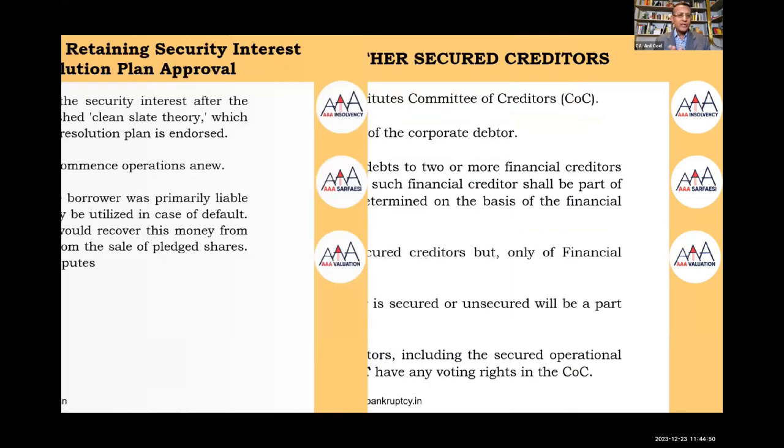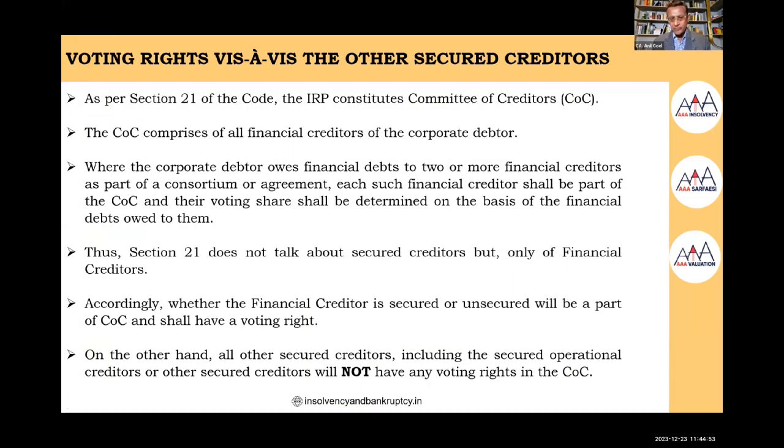Now coming to the voting rights vis-a-vis the other secured creditor. Section 21 says that the IRP shall constitute the committee of creditors. The committee of creditors will comprise all financial creditors, where the corporate debtor owes financial debt to two or more financial creditors, then the consortium. Section 21 does not talk about the secured creditor, but only the financial creditor. So if someone is a financial creditor, they will become part of the committee of creditors.